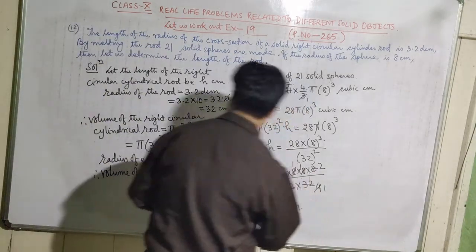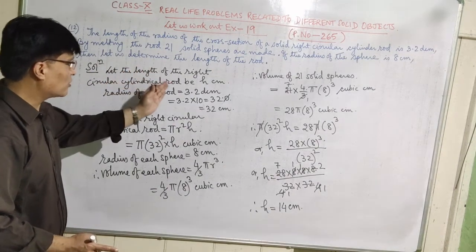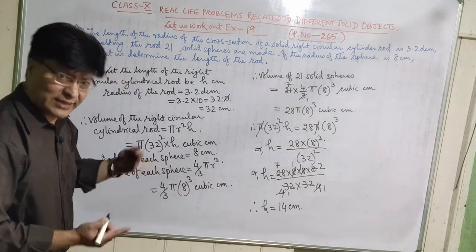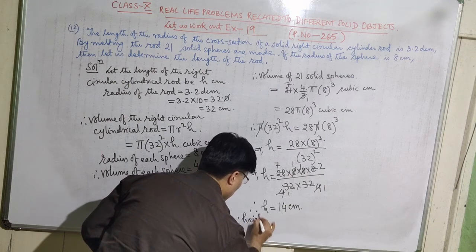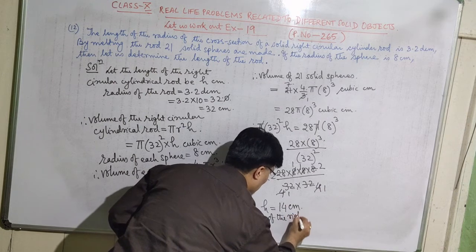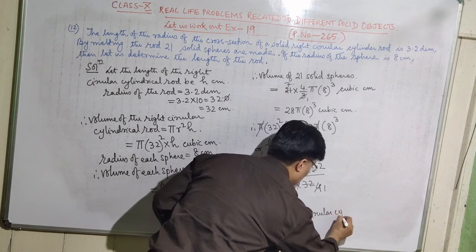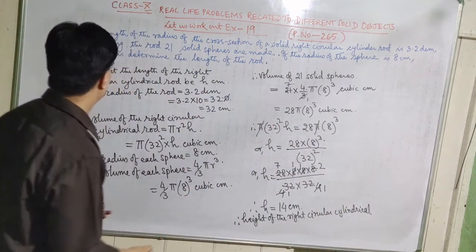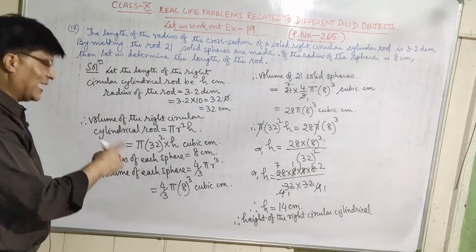So now let us write, h was the height, isn't it? h we supposed as the length of the right circular cylindrical rod. So what is the value here? 14 centimeter. That is the answer. Therefore, height of the right circular cylindrical rod, or length of the rod, or we can write height also.